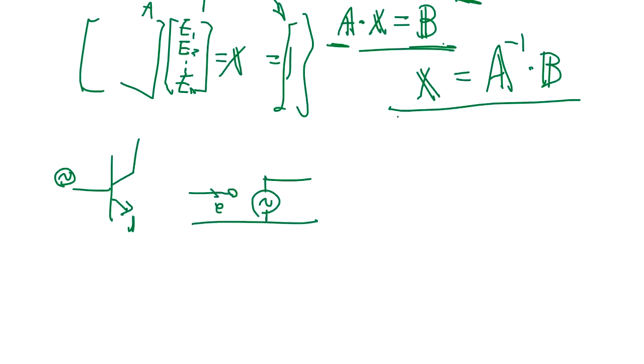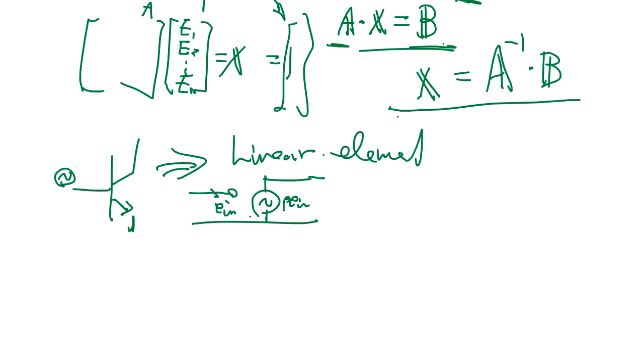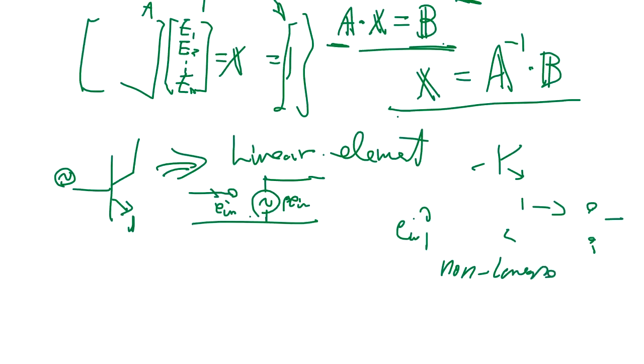This input E in is going to be some beta times E in as output, so we convert that into a linear element. So if you have many hundreds of transistors in a circuit, and you say here's the input, you put in the input, what happens to the output, and that can be analyzed by linearizing the non-linear electronic component. Okay, so that's the kind of thing you do in electrical engineering.